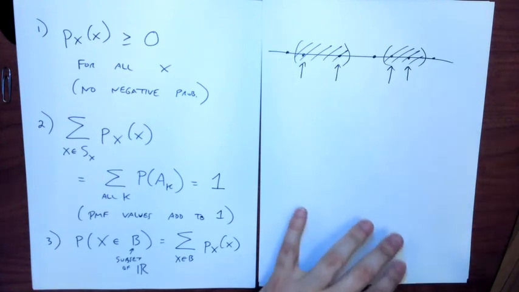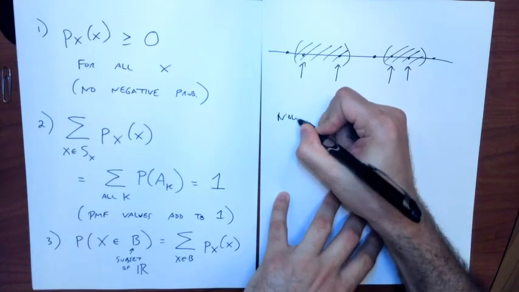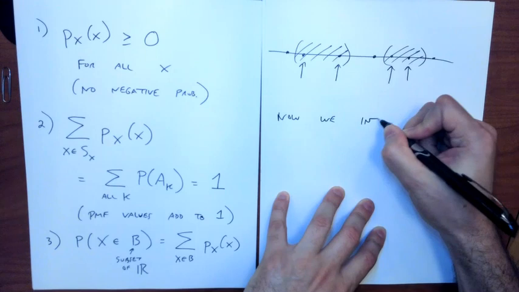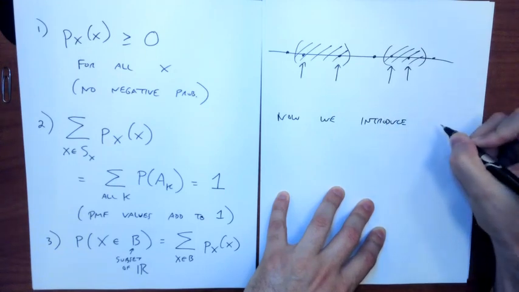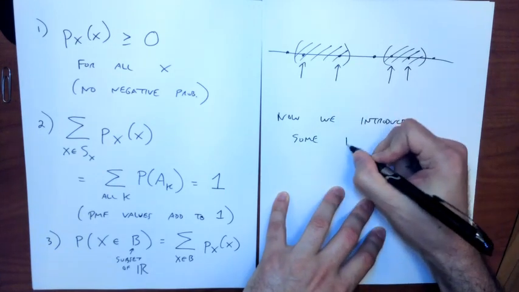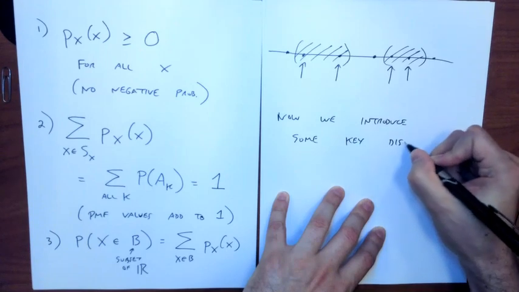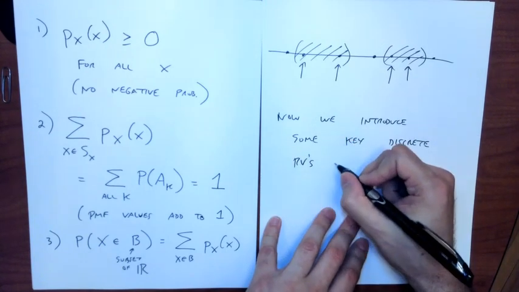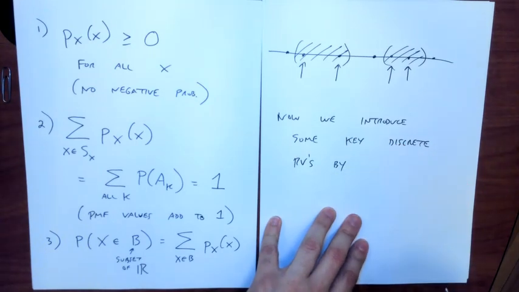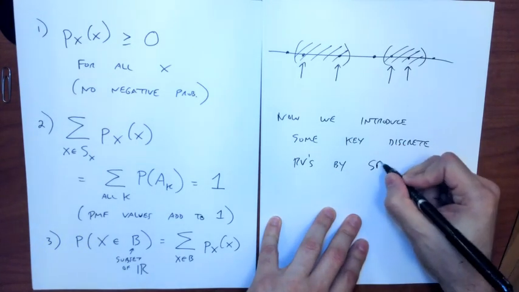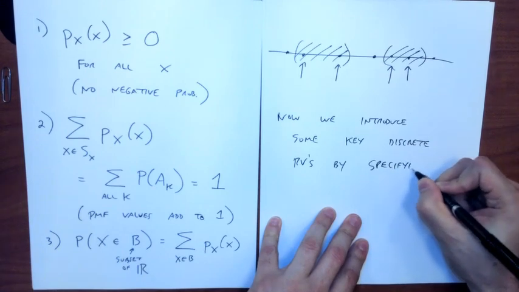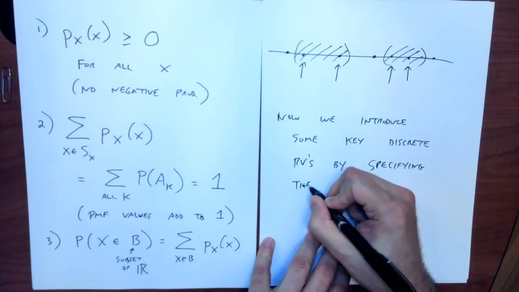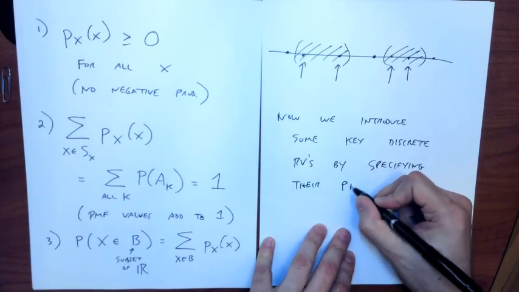So now we introduce some key discrete random variables by specifying their probability mass functions.